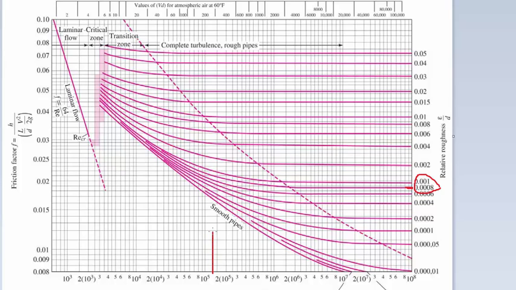So if we go up, that should get us right about here. Sorry, let me do that again. That should get us right up to here, and then with a separate line, walk that over, and you'll see that our friction factor is just about 0.02.